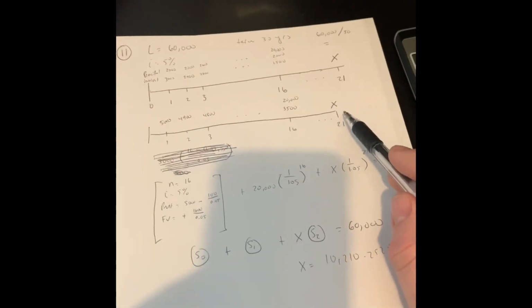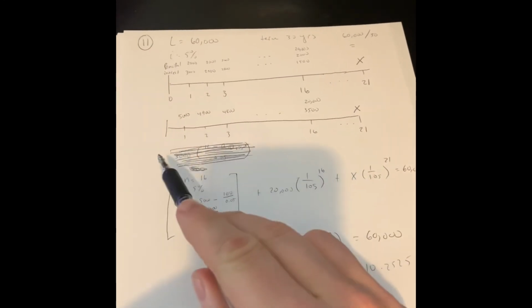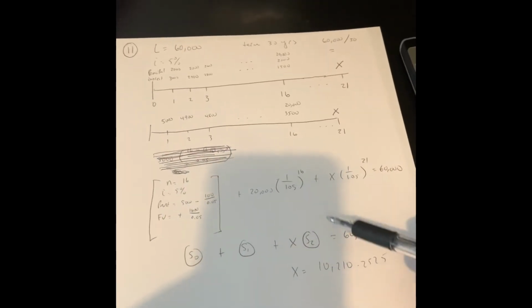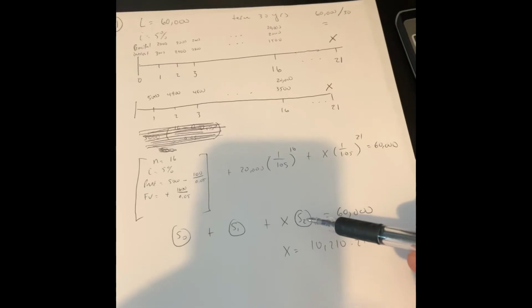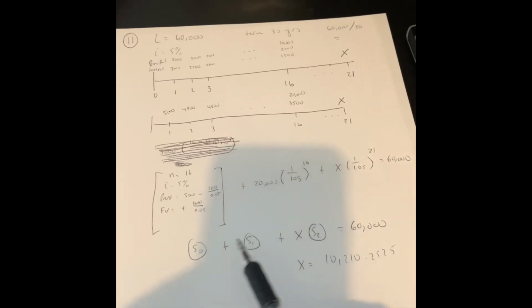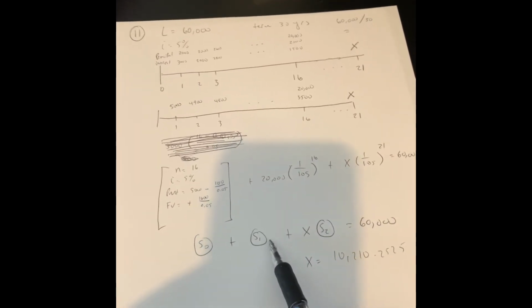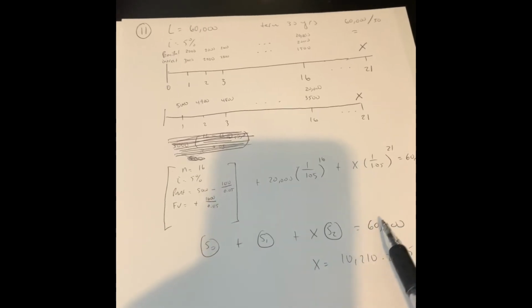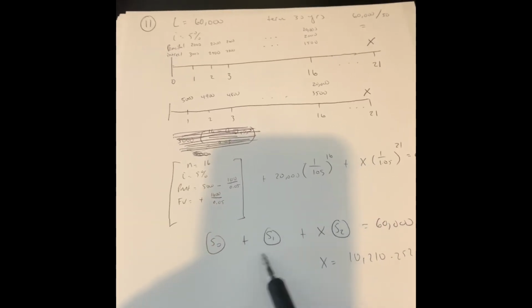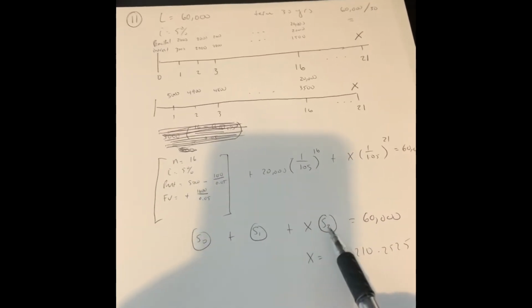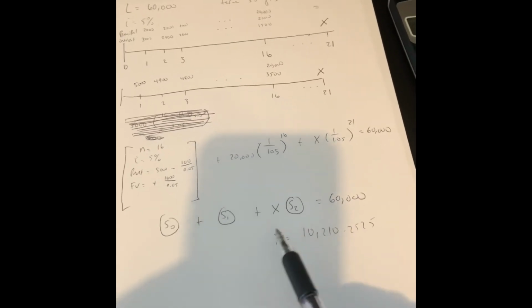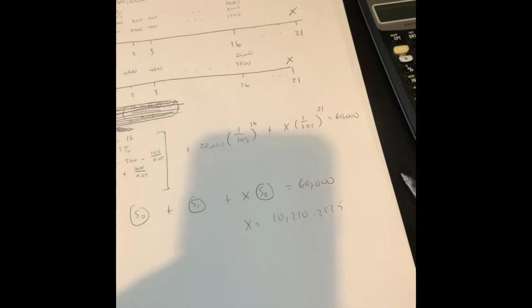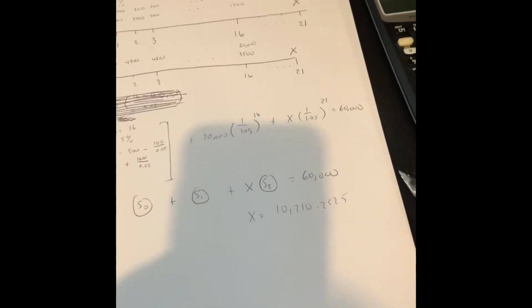Then I take this X value and discount it 21 years, bringing it to time 0, and I know the discount factor here is equal to this stored value. I add these two together, take $60,000, subtract that sum, and then divide by this stored value, which gives us the result X is equal to about $10,200, which is the final answer.